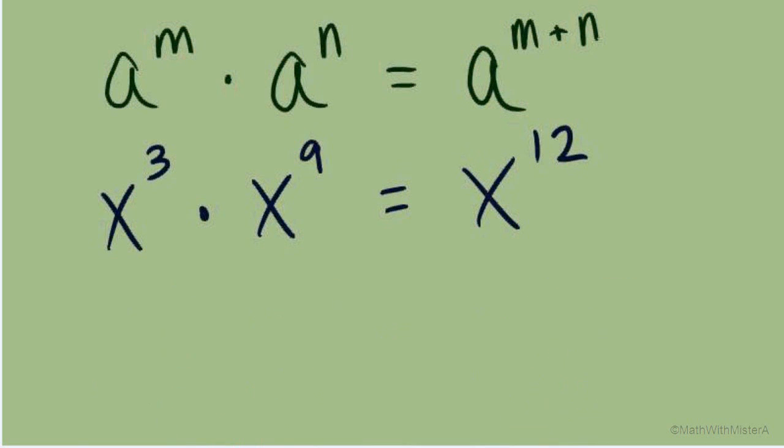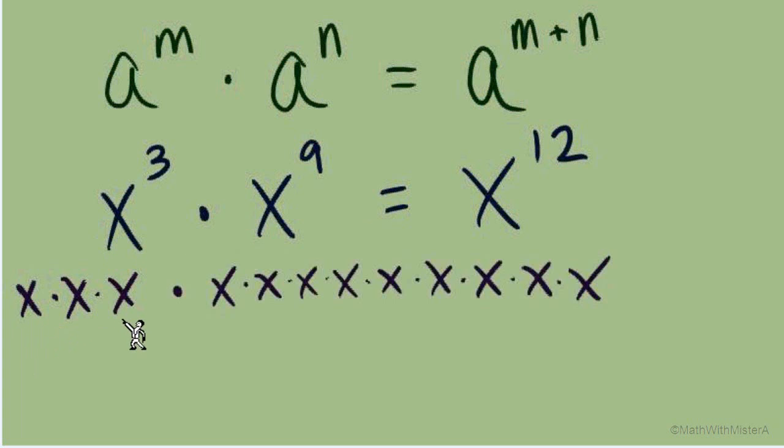Now, we are talking a lot about using this rule when we see the same base and not always writing things in expanded form. We will continue to use expanded form a little bit just to really show how these things work, and I think it will be helpful to always remember that these rules, I don't like to call them rules because they're not brand new, they're just showing us how our old rules work in another way.